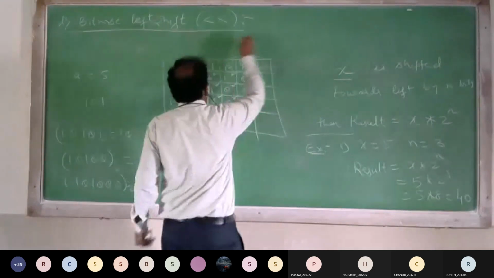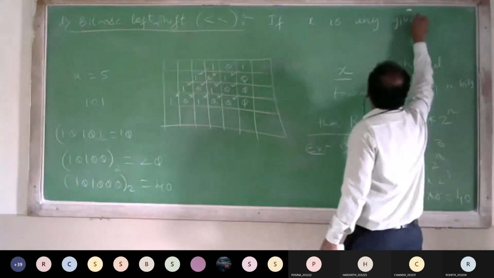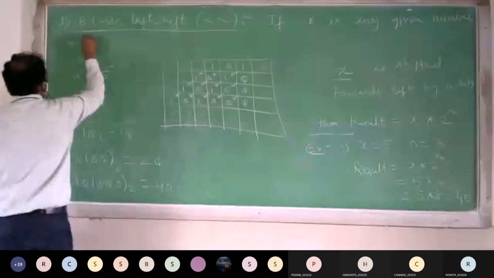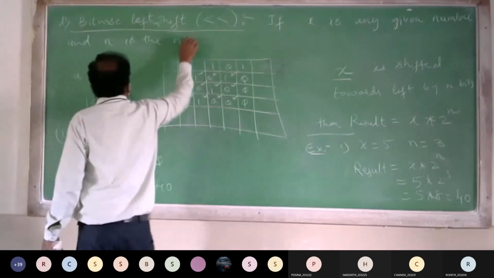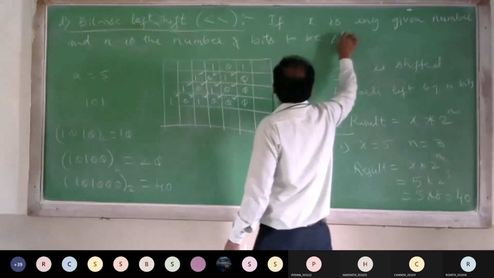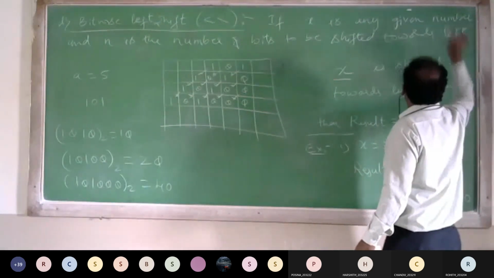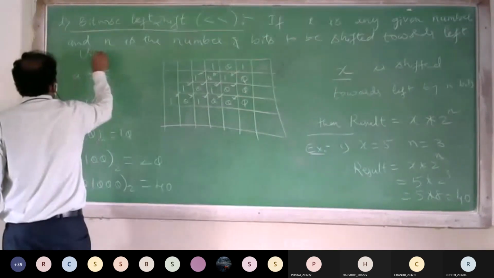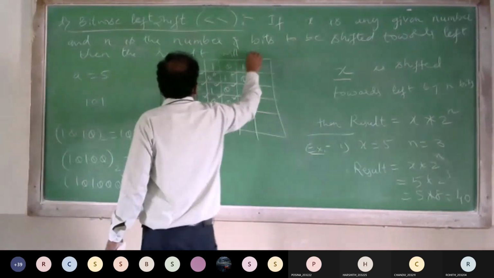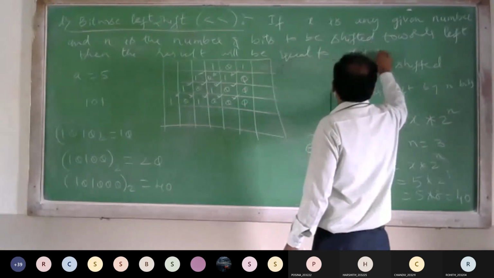Now, the definition for bitwise left shift. If x is any given number, and n is the number of bits to be shifted towards left, then the result will be equal to x into 2 power n.